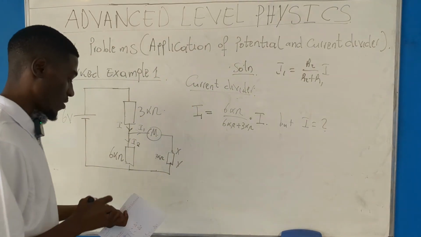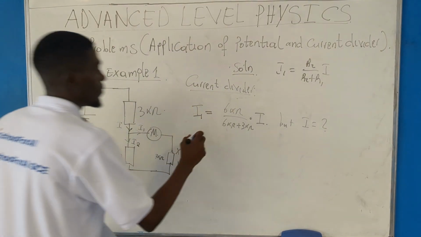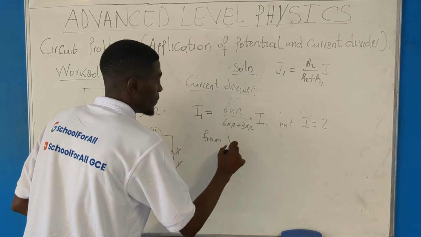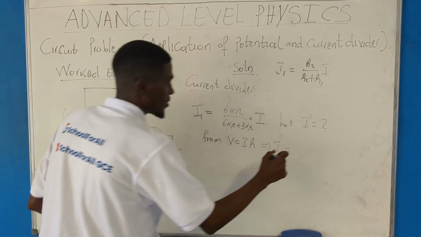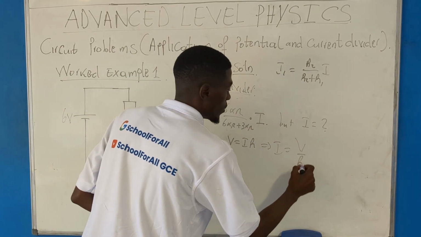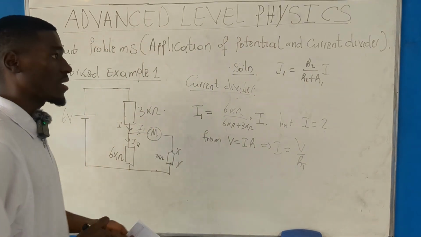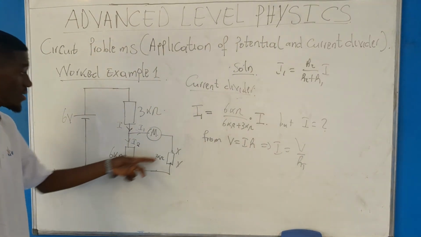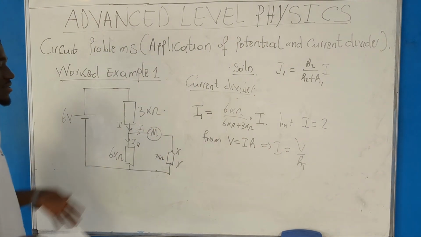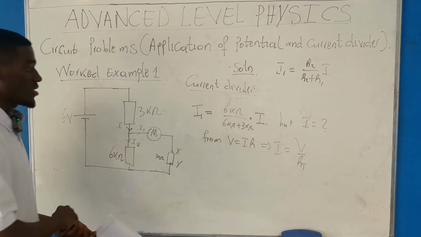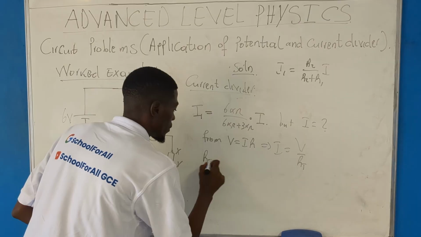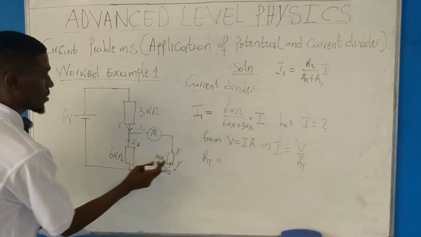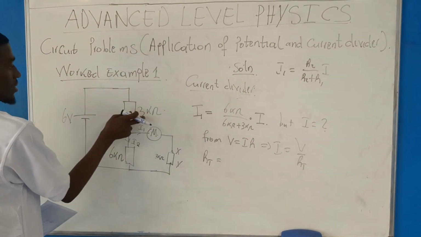Now, how can we find the value of I? It's simple. From V equals I R, this implies I is simply equal to V over R total, where R total is the equivalent resistance of the circuit. So let us calculate R total. R total will be what? These two are in parallel and then in series with this one.